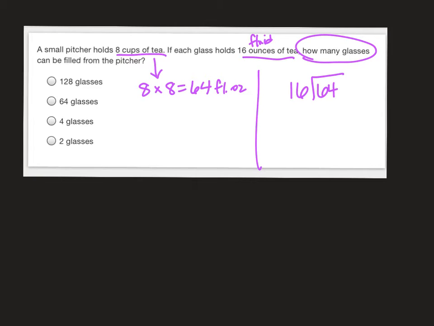Now, if I know I'm dividing, first of all, we definitely know 64 is out. We also know that the 128 is out because if we're dividing, we can't get a bigger number. So we know we're choosing between 4 and 2. If I'm looking at 16 and 2, 16 times 2 would give me 32, so that wouldn't be enough. So it is the 4 because 4 times 6 is 24. 4 times 1 is 4, plus 2 is 6, and we have a remainder of 0. So it is the 4 glasses.